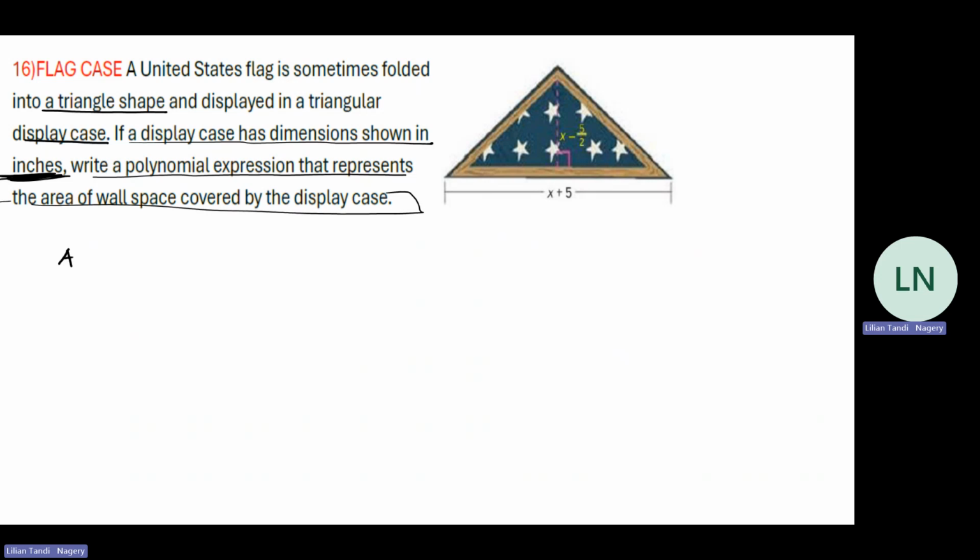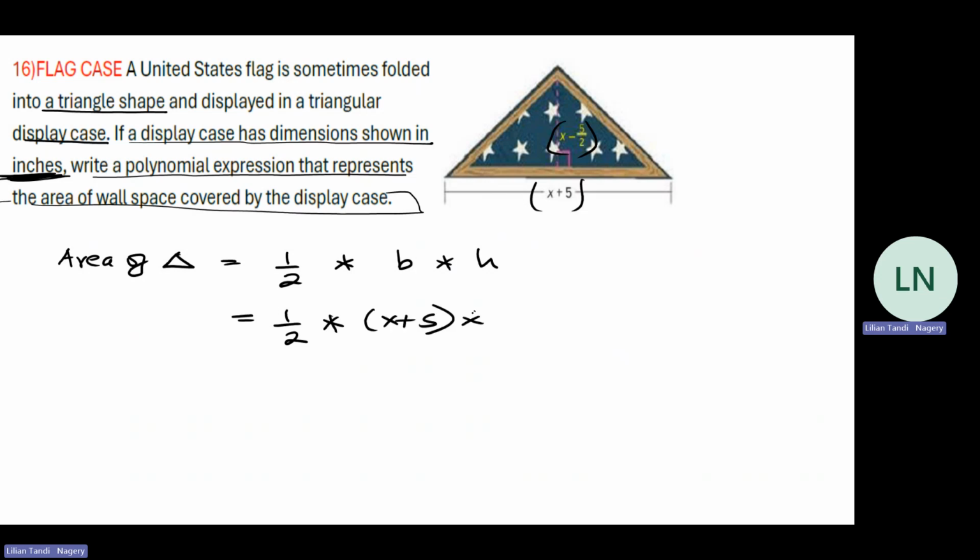Area of a triangle, a half times the base times the height. So I'm going to put these in brackets. So it is a half, the base will be x plus 5, and then we are going to multiply with x minus 5 over 2.